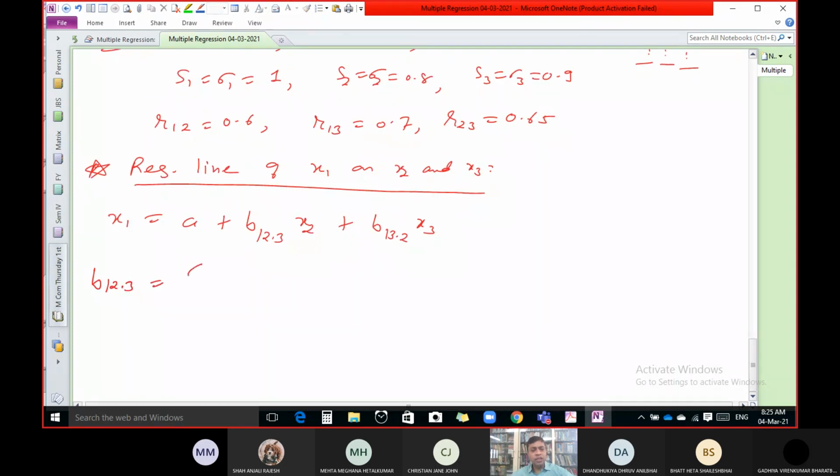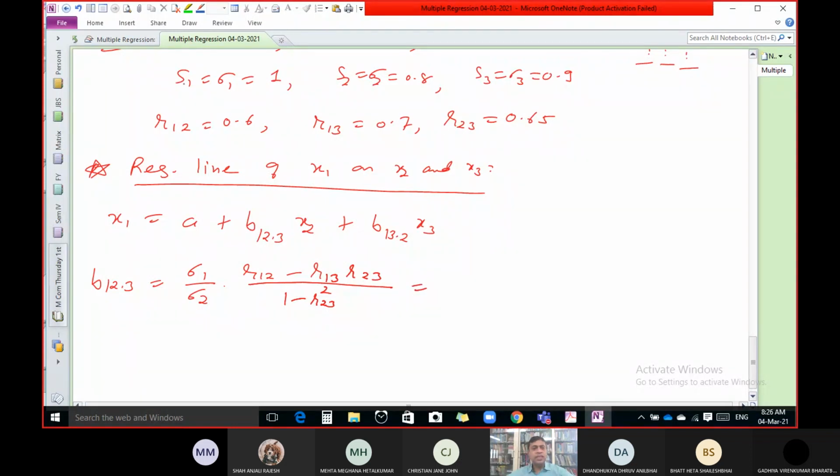So the formula is sigma 1 upon sigma 2 into (R12 minus R13 R23) upon (1 minus R23 square). In that way you have to learn. So let us substitute all values.